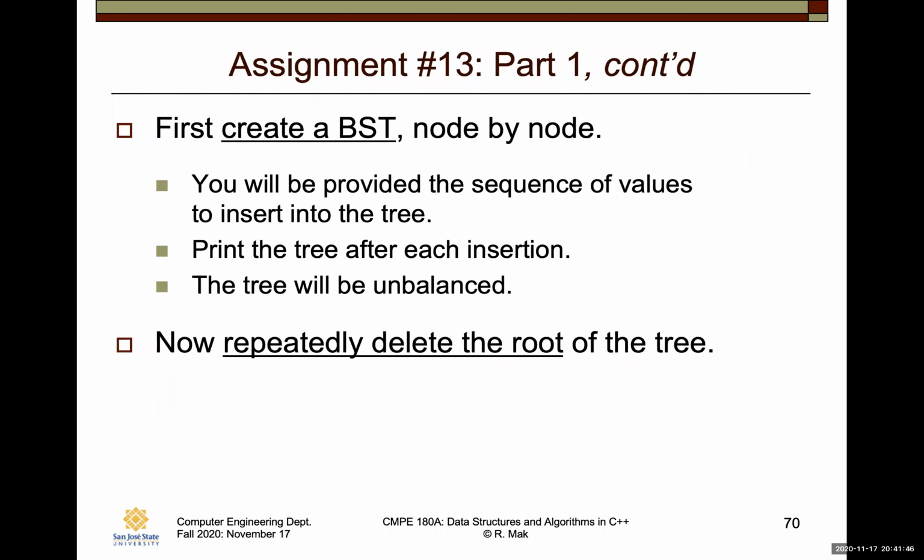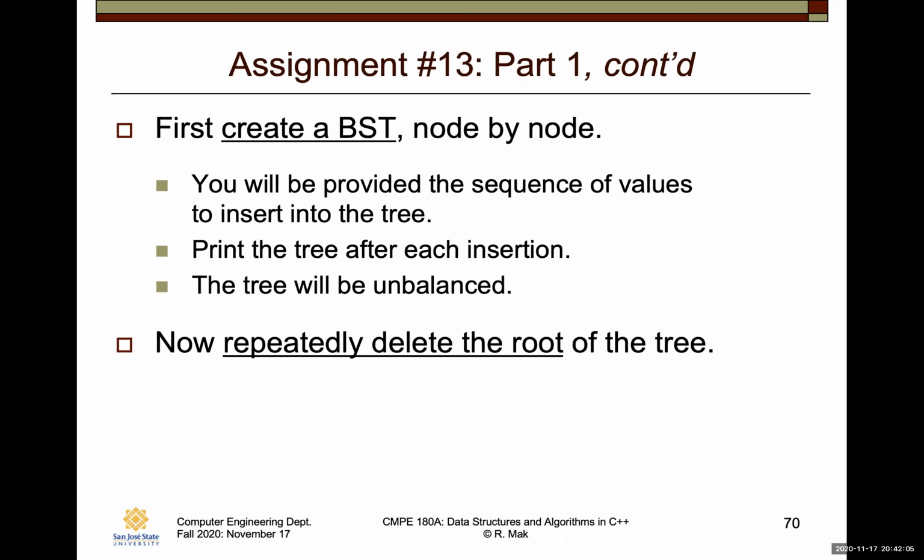Now once you've built the tree out of all the values that I give you, you will have this binary search tree, which will most likely be unbalanced. And then you will repeatedly delete the root of the tree.